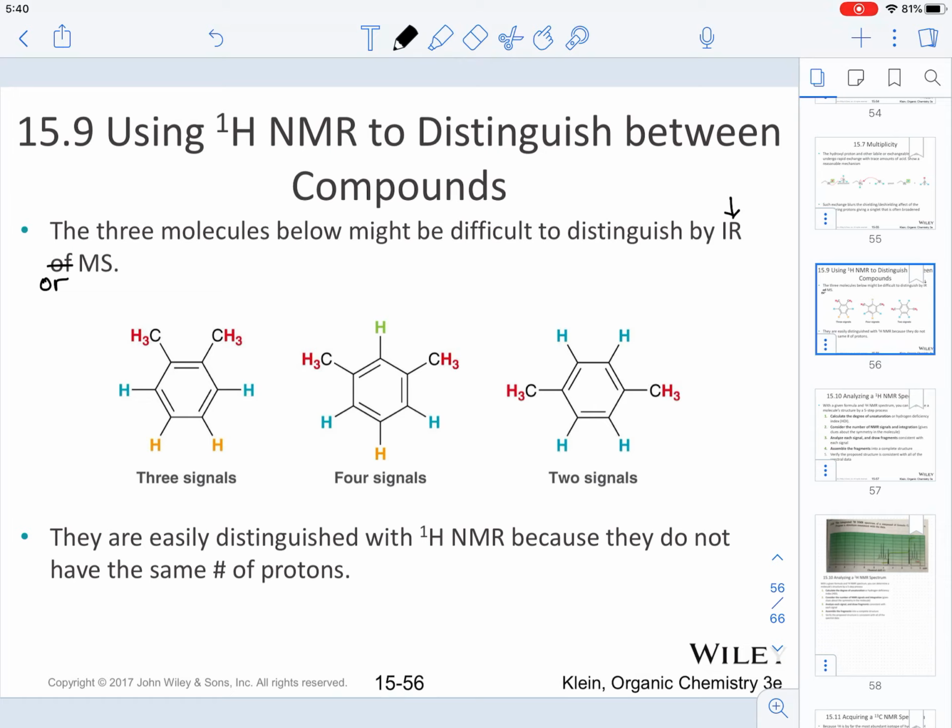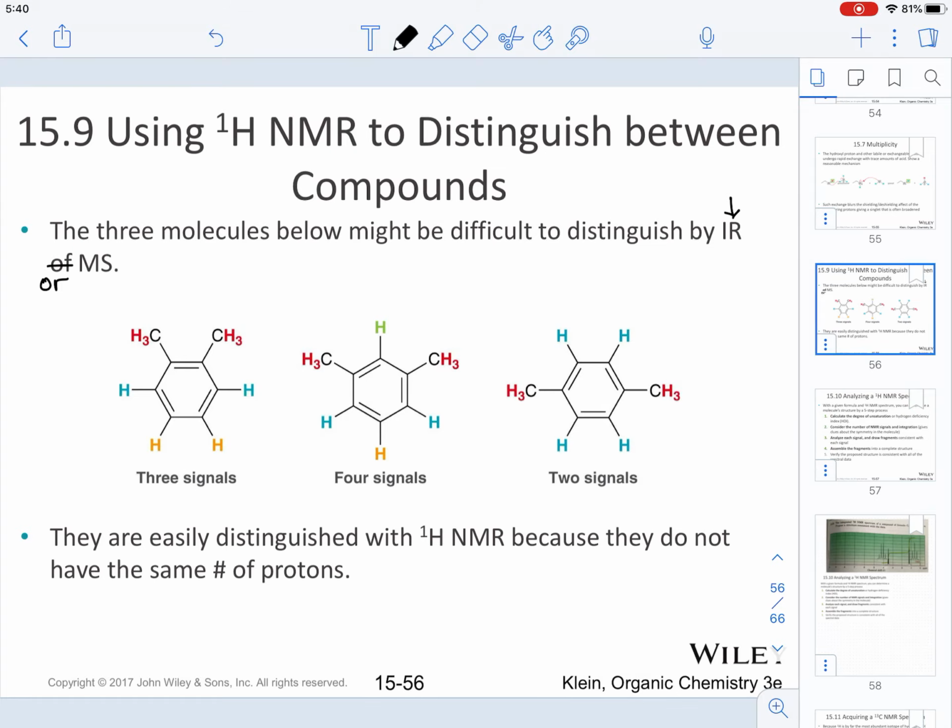So for example, the first molecule will give us 3 signals in the proton NMR. The second molecule will give us 4 signals, and the last molecule will give us 2 signals in the proton NMR. Understand that this is the reason, among many, that proton NMR is so important when we're trying to elucidate structures.